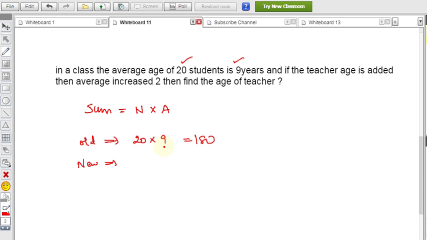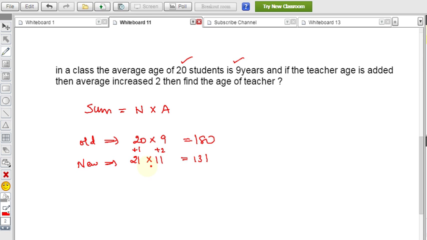Again, in the second case the teacher is added, so number is 21, then the average is increased by 2. If one person is added, average is increased to 11. 21 into 11 is 231.